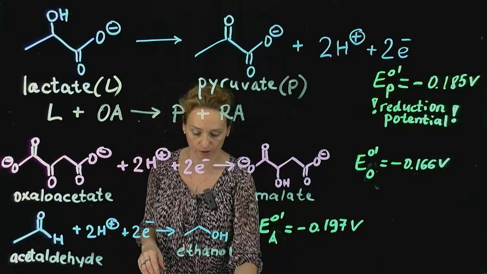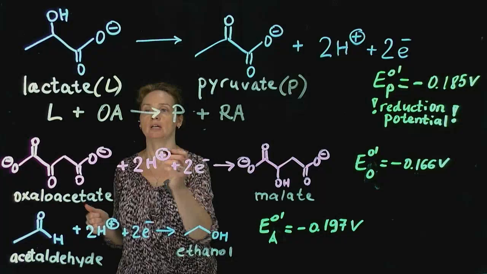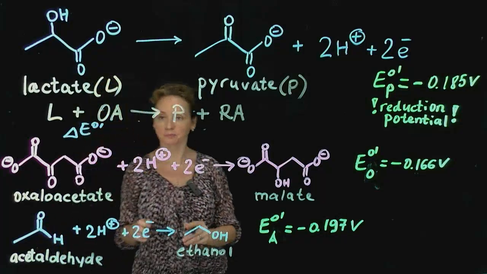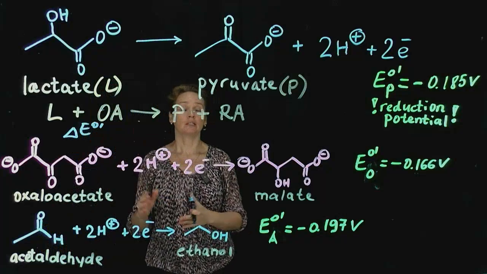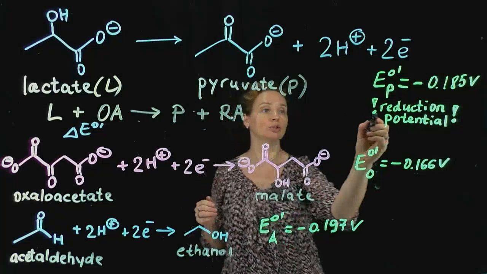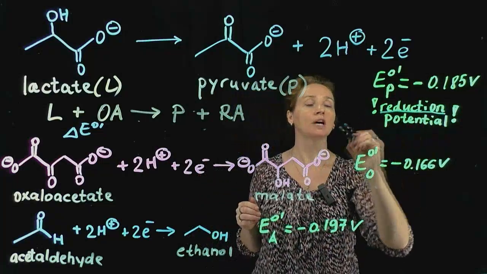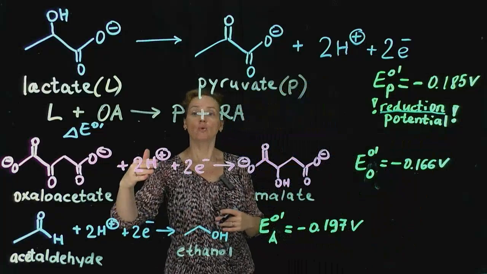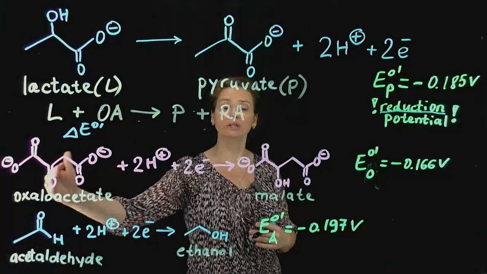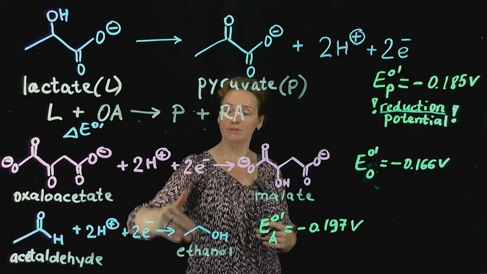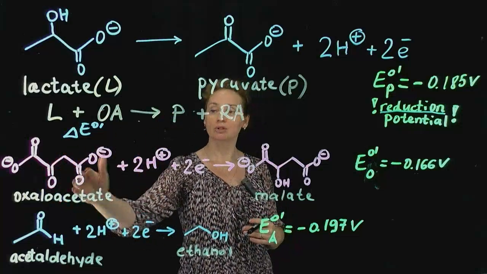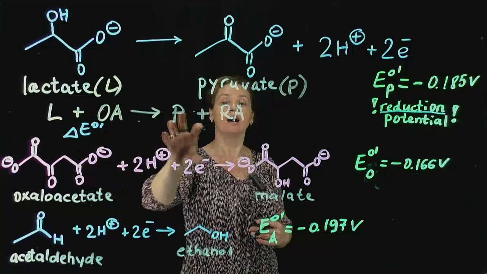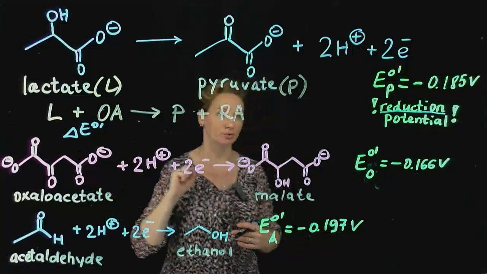So for this reaction, we can determine the change in the reduction potential. Again, it's important to remember that the tabulated values are given for the reduction potential. So all those half reactions should be written in the form as they are written for those two compounds for the reduction reaction, when the oxidizing agent accepts those electrons to become reduced.